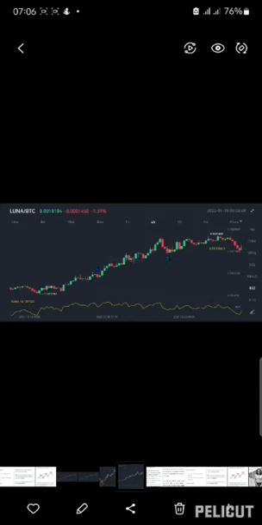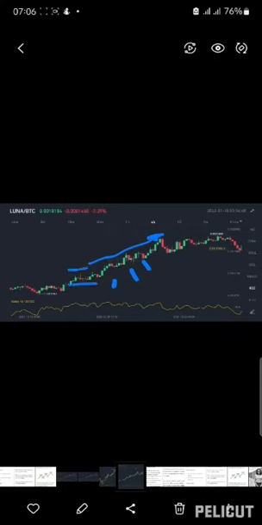You can see what happened after all these tests, and it broke out eventually. Broke out from there to this, just having little pullbacks here and there at intervals. Just little pullbacks, not as much as this range that occurred here.